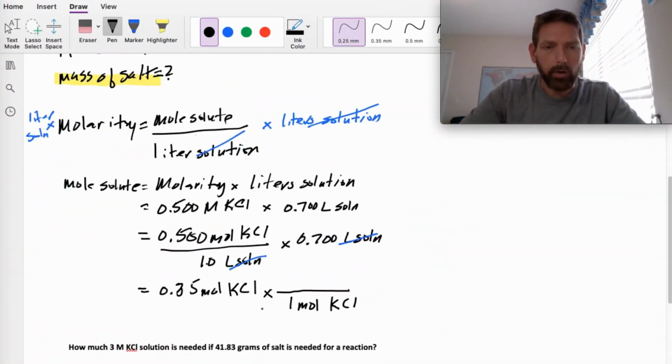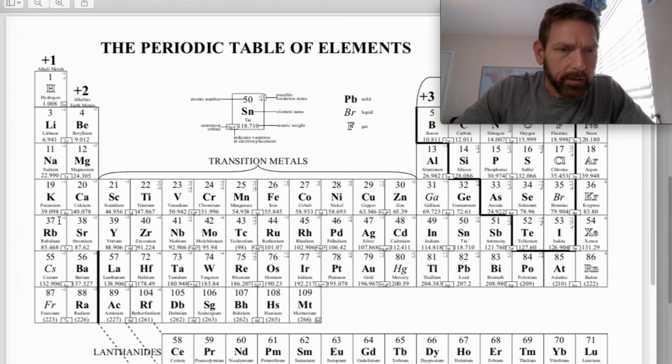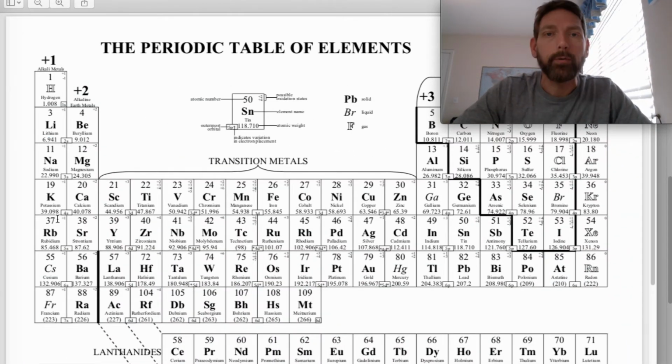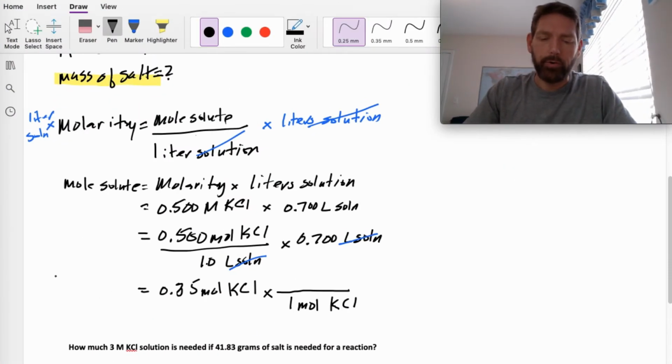So let's go back over here. Let me double check this. So potassium, we said, yeah, 39.10, right? So we've got 39.10, 39.1, the calculator is the same thing, right? Plus the 35.45.